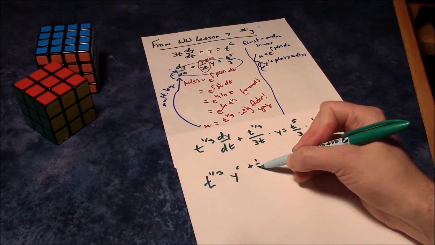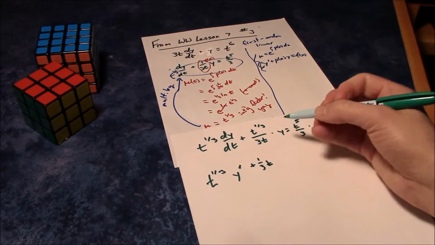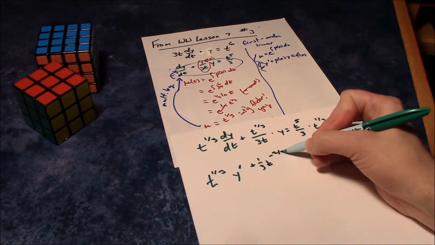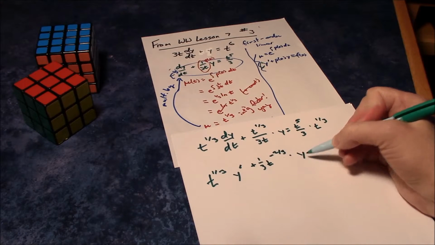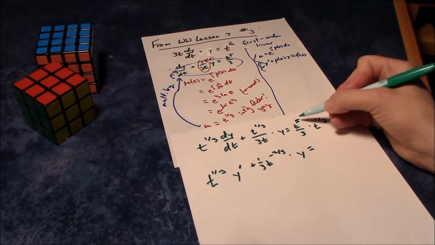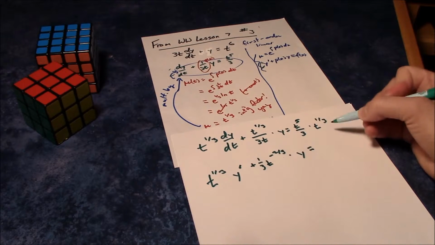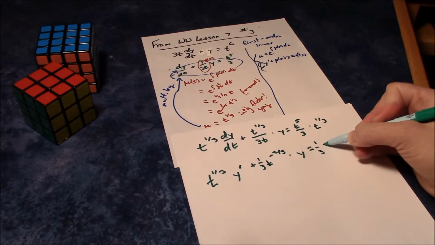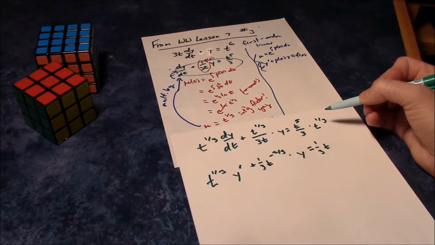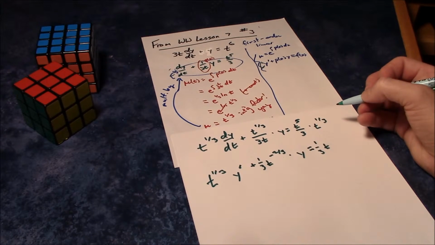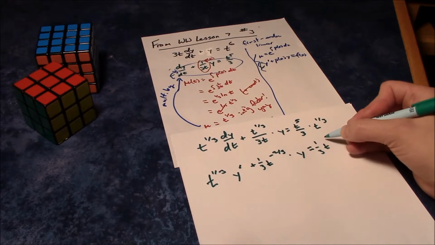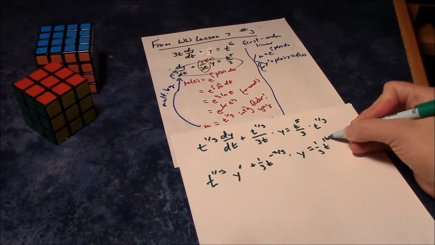So 1/3 t to the negative 2/3 times y is equal to t to the 5th times t to the 1/3, which is t to the 1/3 plus 5, that's 15/3, plus a third is 16/3, right? Yeah. So arithmetic.